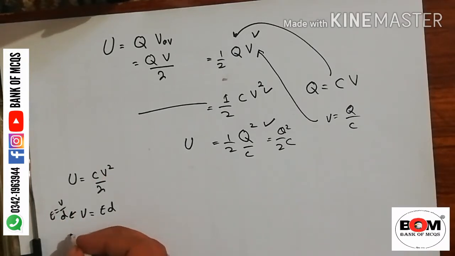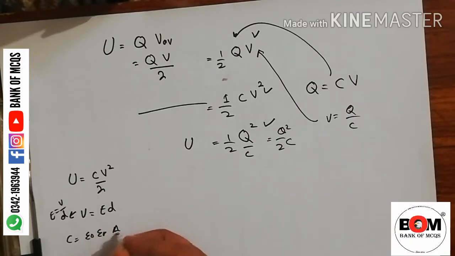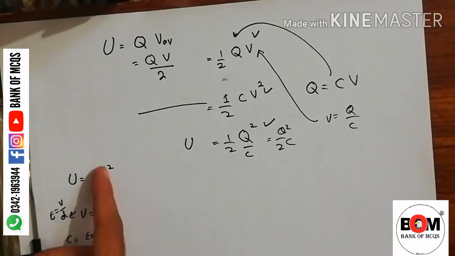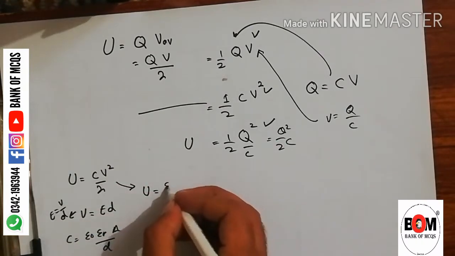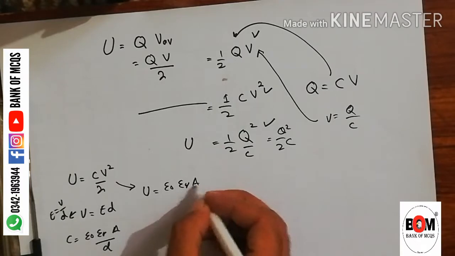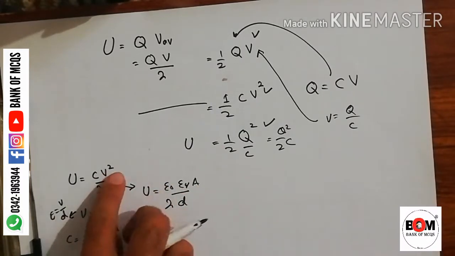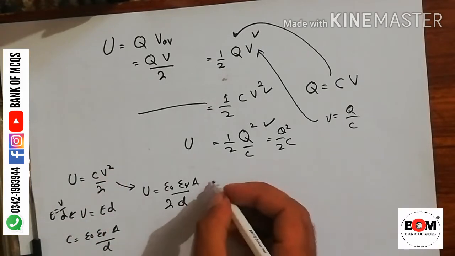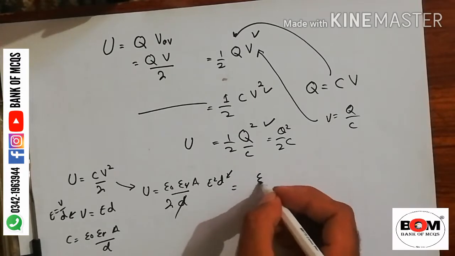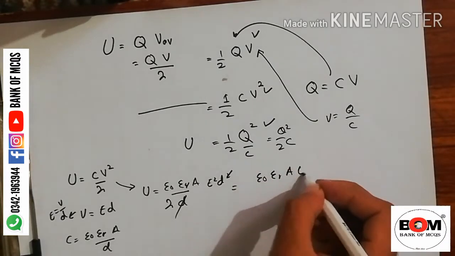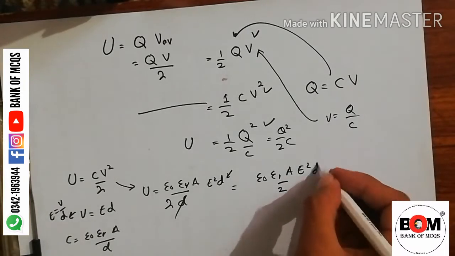The next is, we know that C is equal to epsilon naught epsilon r A by d. So we will put this value in. So we will get U is equal to, putting C is equal to epsilon naught epsilon r A by d, and there is 2 in the formula. The next is putting V is equal to Ed, so V square is equal to E square d square. So d cancels with the square, and we will get epsilon naught epsilon r A into E square by 2, and there is one d.